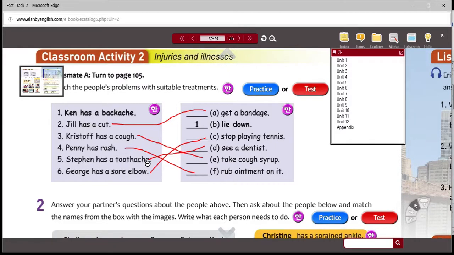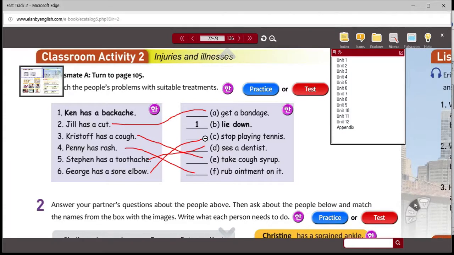Stephen has a toothache. He should see a dentist. He should go to the dentist. All right. And finally, George has a sore elbow. Okay, I don't know about the treatment, but maybe stop playing tennis. Maybe he's got some kind of tennis elbow.